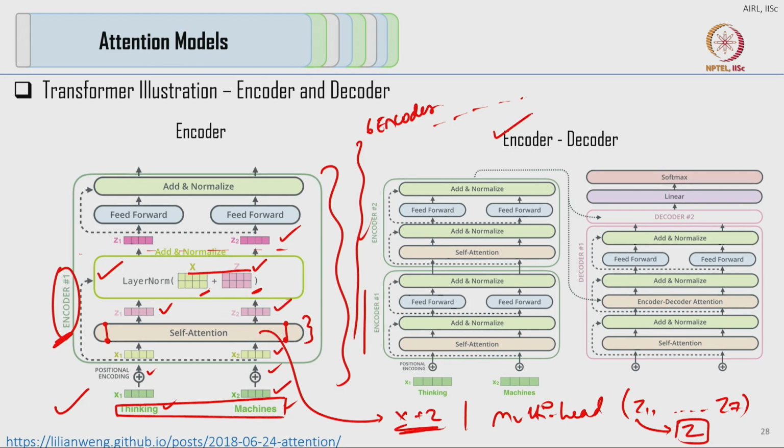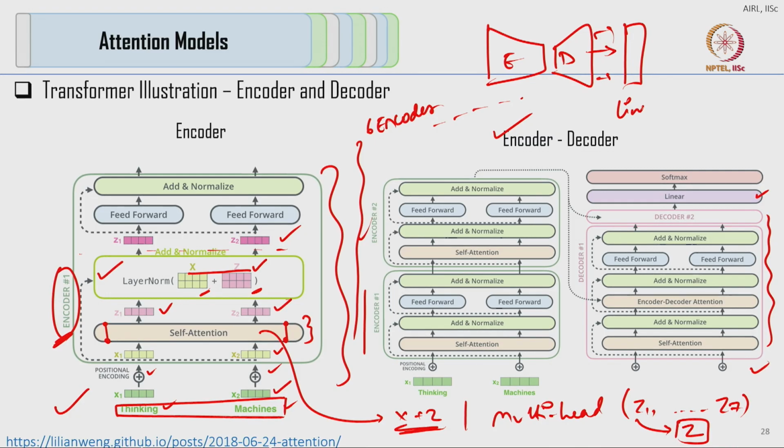Okay. Now coming back to the encoder decoder structure, once it is passed through the encoder, we also observe a similar structure in the decoder as well, right. So we have an encoder, we have a decoder, finally the output of this is a linear layer, which is then passed through a softmax layer to generate the probability distribution, right.